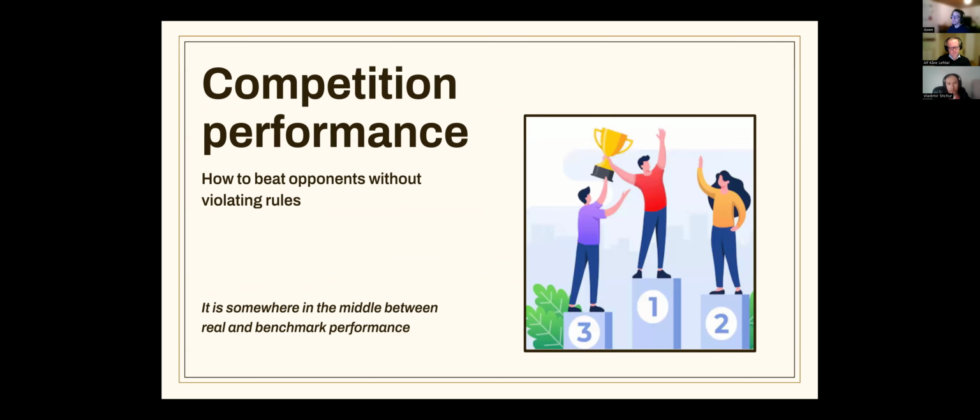And the last type of performance I see is competition performance, and this is where Hilot Cup and Tekken Power go into. It's about how to beat opponents without violating benchmark rules. Conceptually, it sits somewhere in the middle between real and benchmark performance.